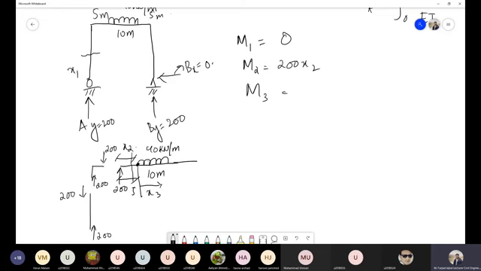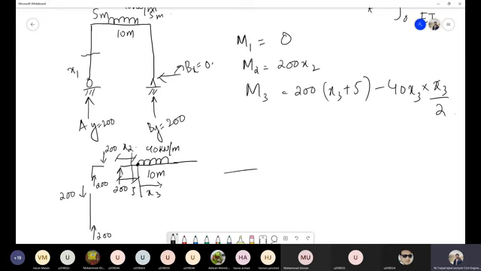So if I write the equation for this section 3, I will write the equation as 200 into x3 plus 5, and the second force is this 40 that is acting in the opposite direction. So my equation will be minus 40 into x3. So we will convert this into point load, and the moment at this section will be half of this one.